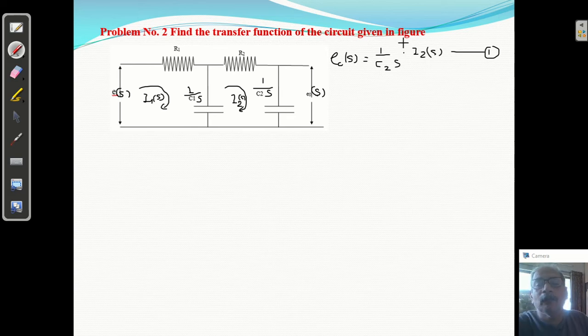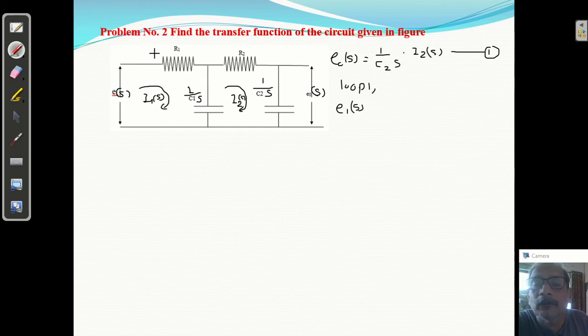Next, I want to write loop 1. We have two loops. What is loop 1? E1 of S equals what?